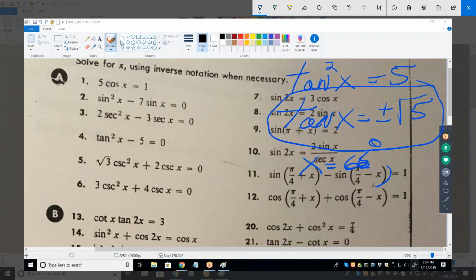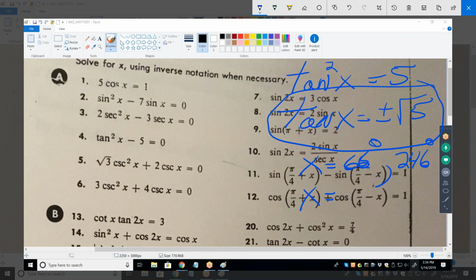It's going to be all four quadrants. The third quadrant, where it's positive root 5, is going to be 246. Now those are separated by 180.